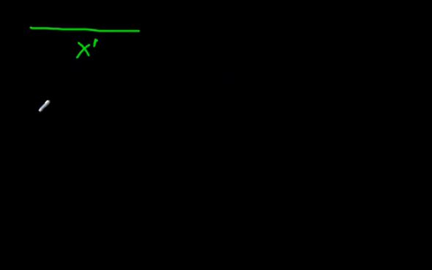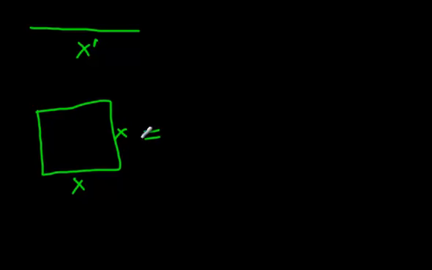Let's carry this on. If I draw this and say this is length x, and this is length x, then this shape is called a square. You knew that. But this is no longer one-dimensional. It's two-dimensional. Do you remember how to find the area of a square? Take one side times the other side. You could say length times width, or side times side.